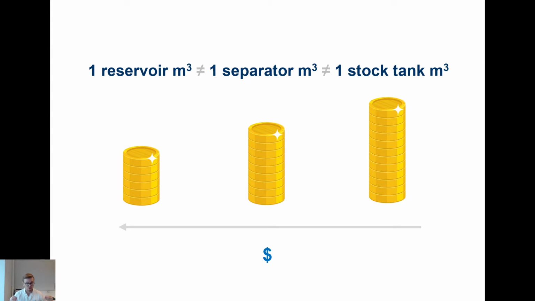This also has to do with the fact that PVT is process dependent, which is somewhat maybe not intuitive, and we'll touch base on that later. But in reality, based on what surface facilities you have, you can actually change the definition of the reservoir.